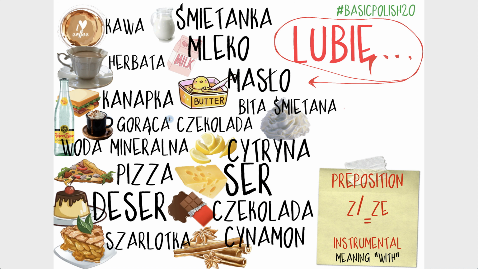Gorąca is an adjective, as you know, and this word here, whipped in Polish, is also an adjective. And this word is very similar to śmietanka. Actually, śmietana means cream in general in Polish. So bita śmietana, whipped cream. Bita is an adjective.